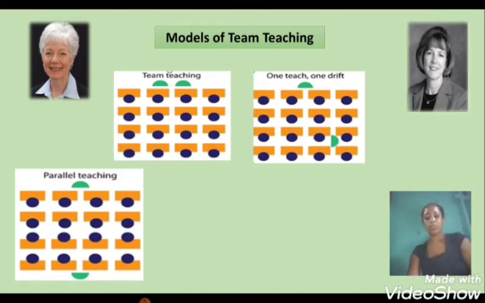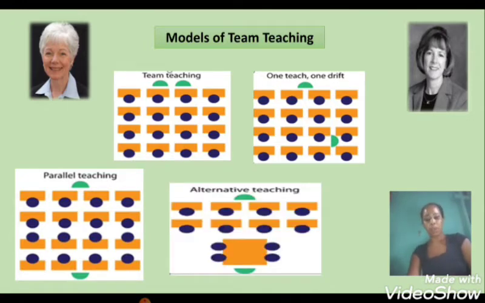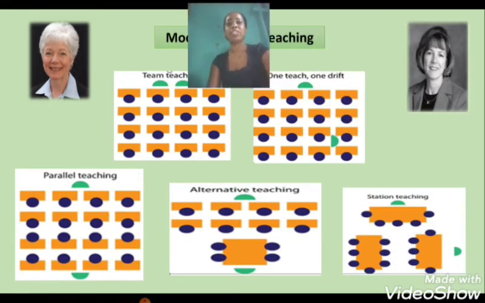This type of teaching is where the students are divided into groups and both teachers cover the same content. Alternative teaching is where one teacher works with most of the students and the other works with a small group. And finally, we have station teaching. This is utilized by learning centers where the teachers may individually lead different centers.